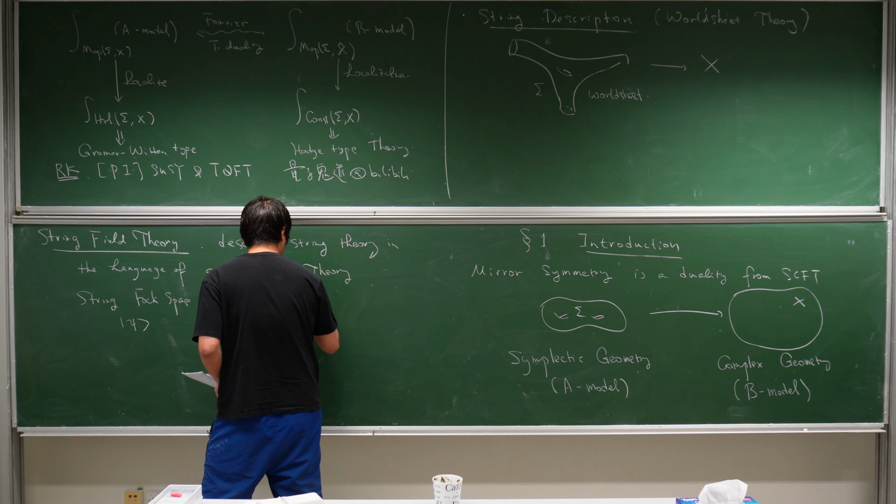And these vertices satisfy a particular equation, which is called the BV master equation.